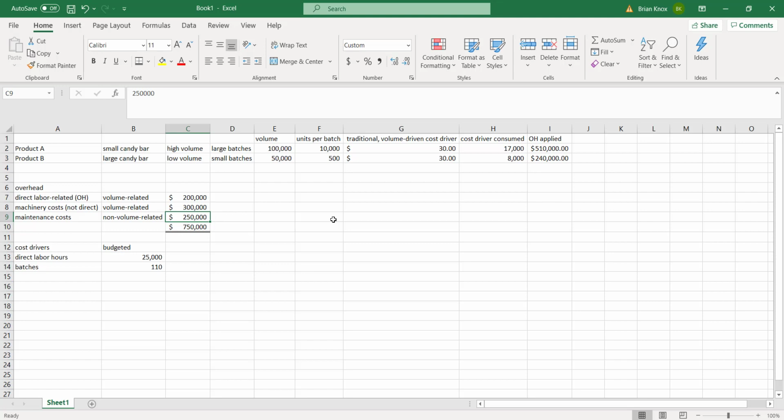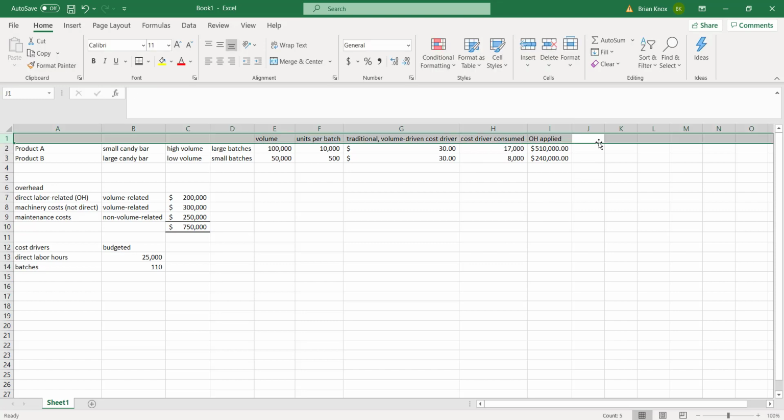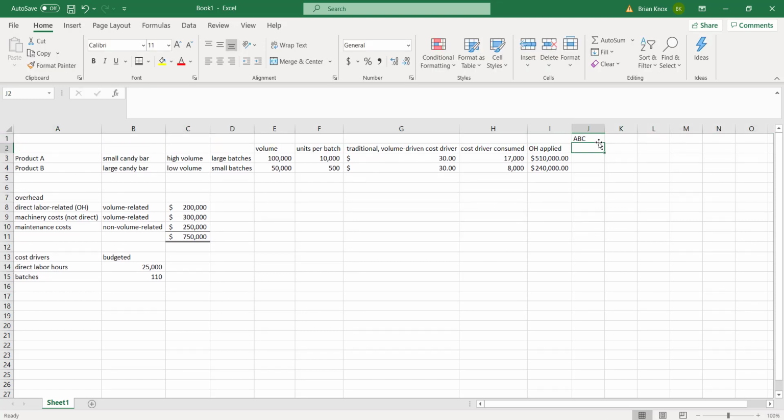So we decide that we're going to use more of an activity-based costing method here. We're going to create two activity pools.